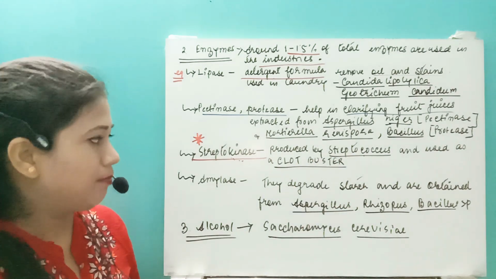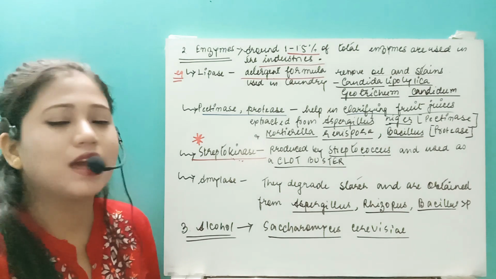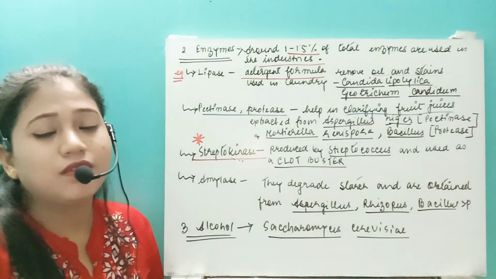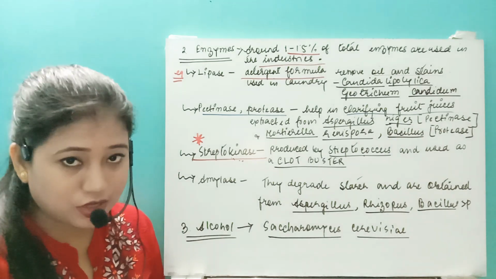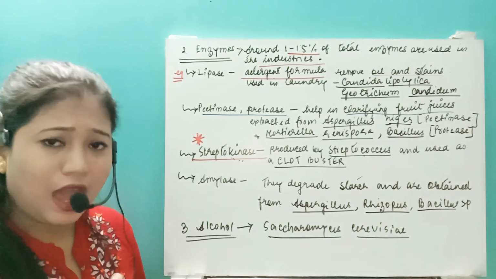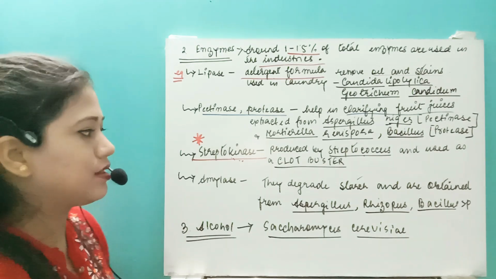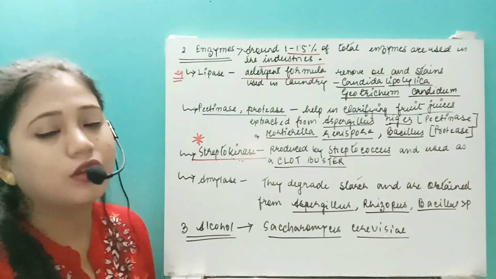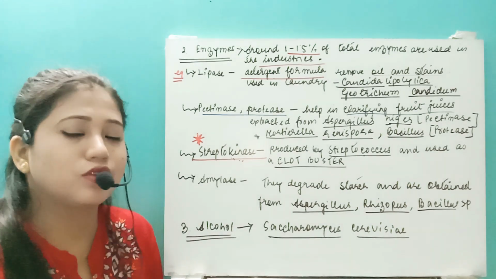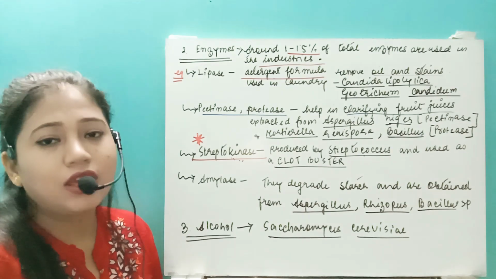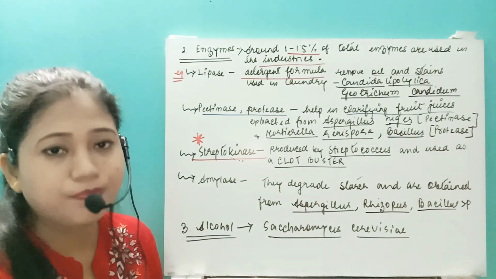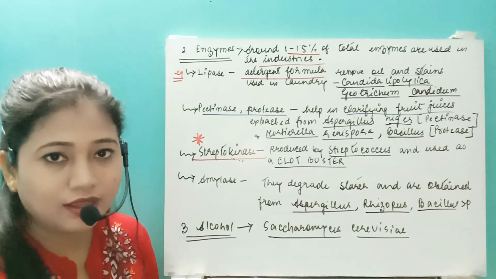Now, this streptokinase acts as a clot buster. If we have some clots inside the blood vessel, then streptokinase is injected, and inside the blood vessel it will break this clot. That's why it is called a clot buster. If an individual is suffering from, suppose, myocardial infarction, that can lead to a heart attack, right?